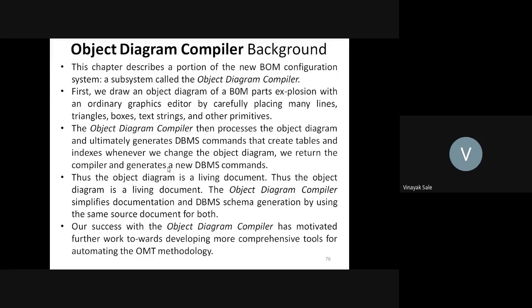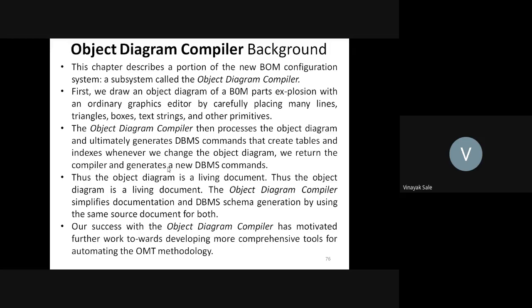The object diagram compiler then processes the object diagram and ultimately generates DBMS commands that create tables and indexes. Whenever we change the object diagram, we rerun the compiler and it generates new database commands.